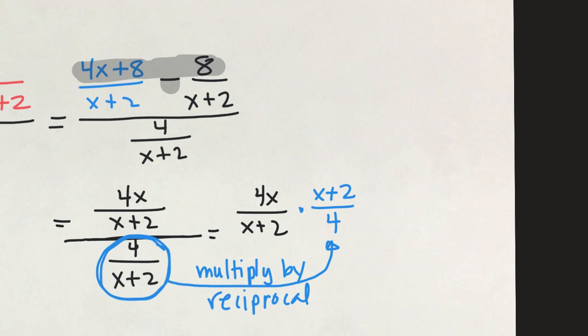So now, what can we cancel out? The x plus 2 with the x plus 2 and the 4 with the 4, right? And I can cancel out because it's multiplication. I am multiplying by x plus 2. I am multiplying by 4. And the only thing that's left is x.